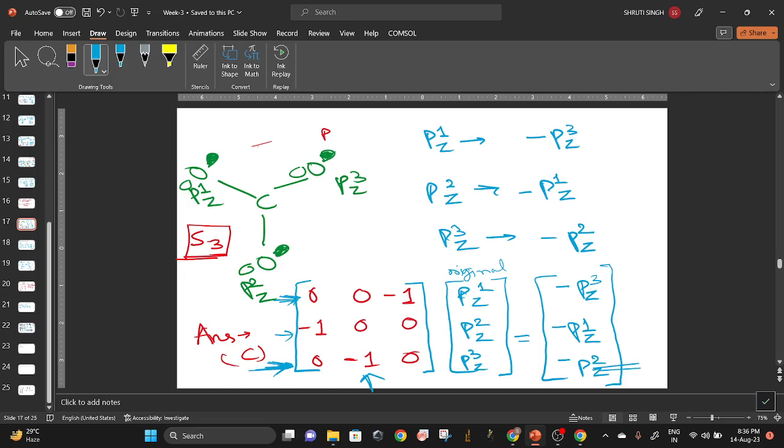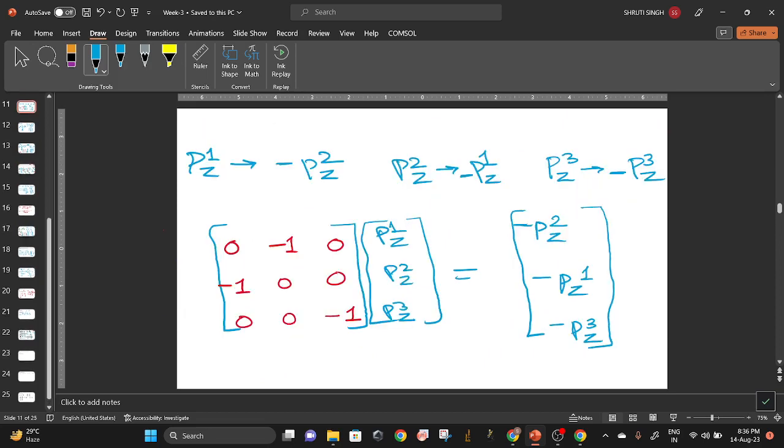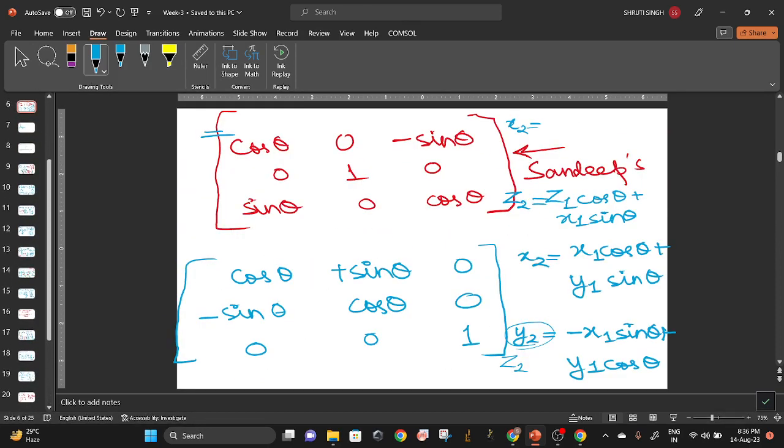ओके। So other elements will be 0 in this case, because in this case there is no mixing. Mixing means mixing like this. Here mixing means, see here we have elements like cos theta, sin theta.